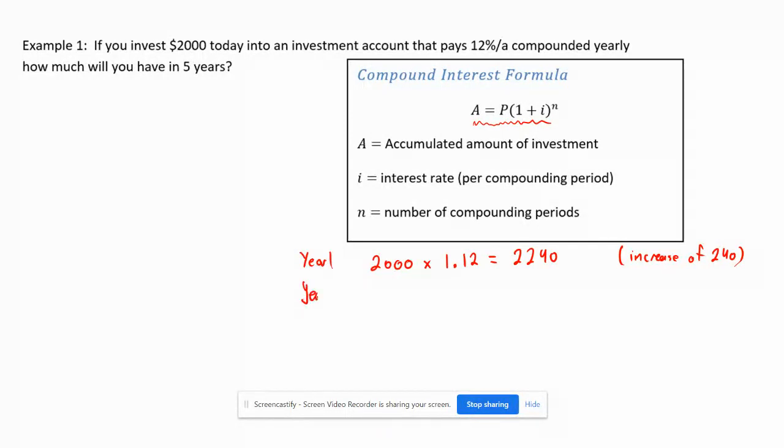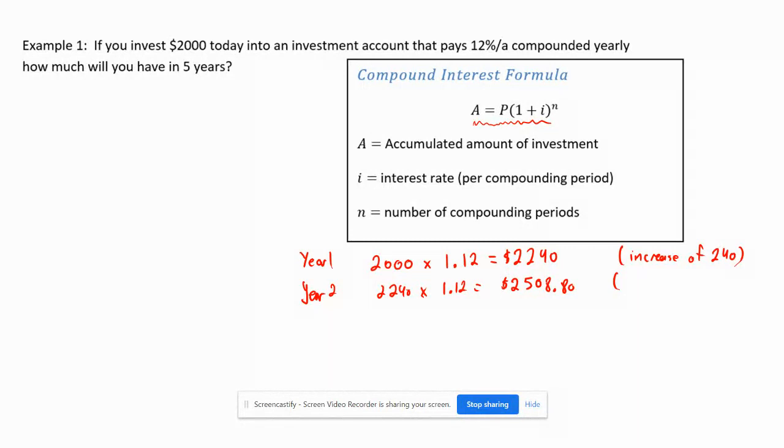Now in year two, we have 2,240, and we're earning 12% as well. So times 1.12 again, and we have 2,508.80 dollars here.